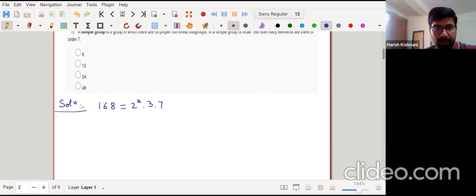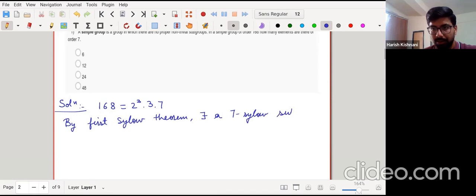By the first Sylow theorem, we can say that there exists a 7 Sylow subgroup of G, right? Because 7 is a divisor of this 168 and the highest power is 7, so there will be subgroups of order 7.